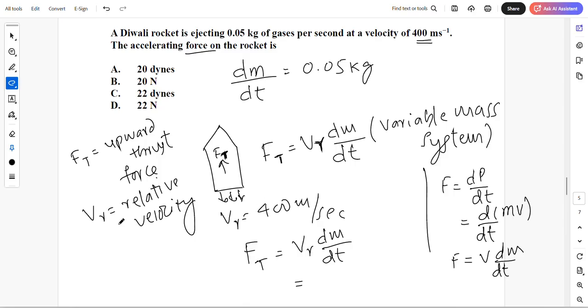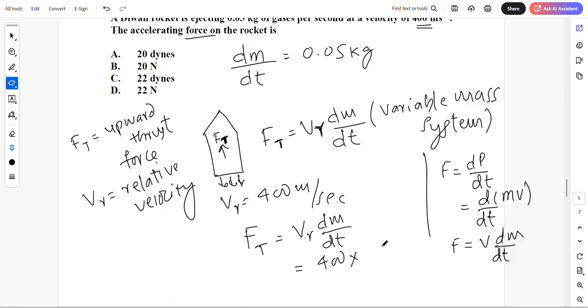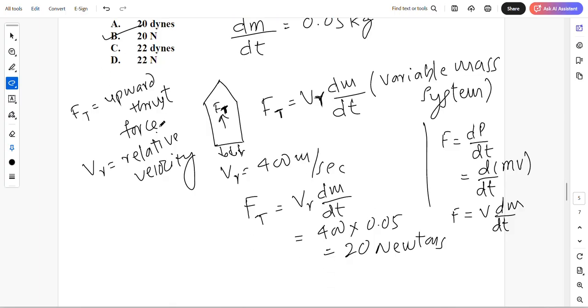How much is the relative velocity they have given? 400 into how much is the rate of change of mass? That is 0.05. That is equal to 4 5s are 20, and then this is 20 Newton. Yeah, right. Hope you understood this one.